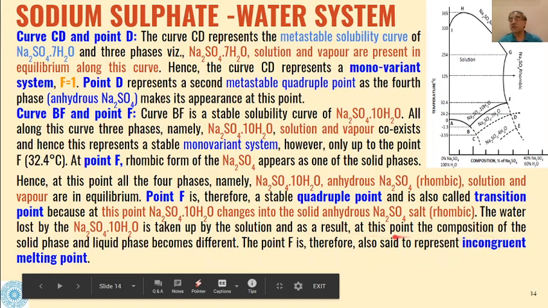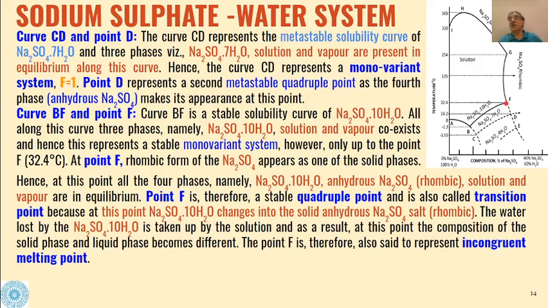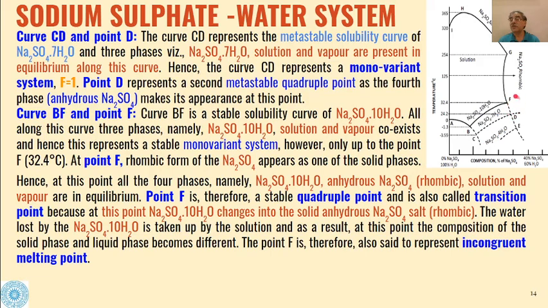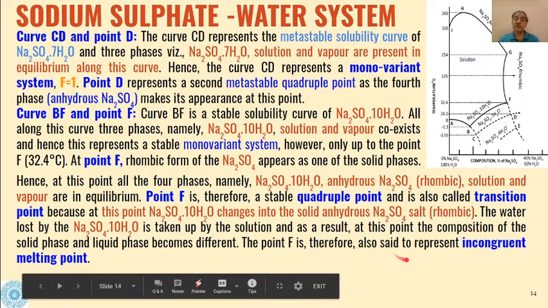Therefore, at this point, the composition of the solid phase as well as the liquid phase becomes different. Because of this variation in the composition of solid phase and liquid phase, this point is called the transition point. And because of this change, this is also said to represent the incoherent melting point of sodium sulfate.